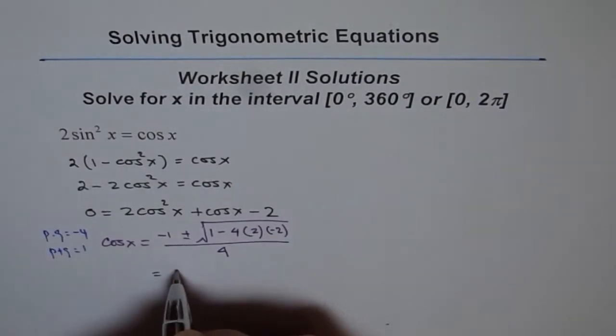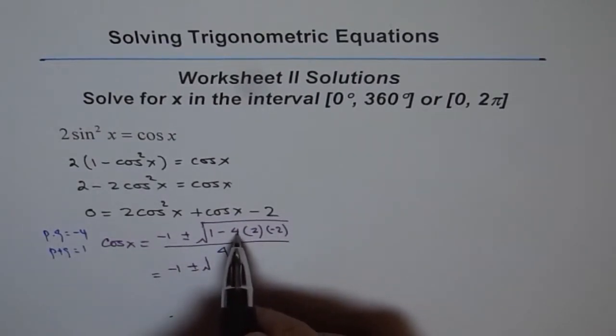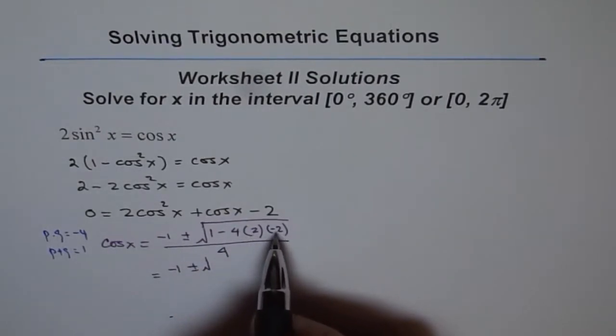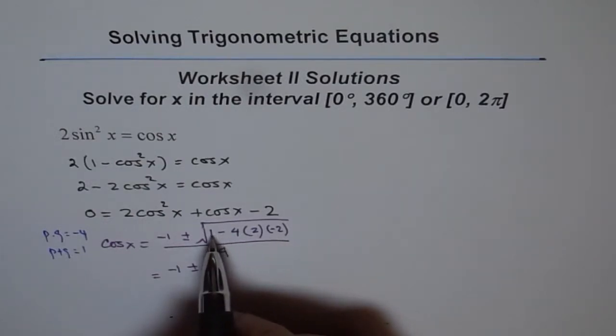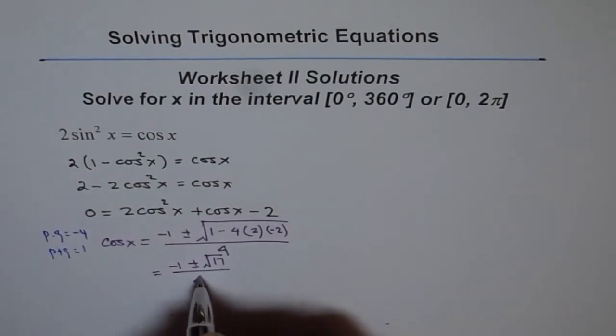So we get minus 1 plus or minus the square root of, this becomes 4 times 2, 8, 8 times 2, 16, but with plus sign, so we get square root of 17 divided by 4, correct?